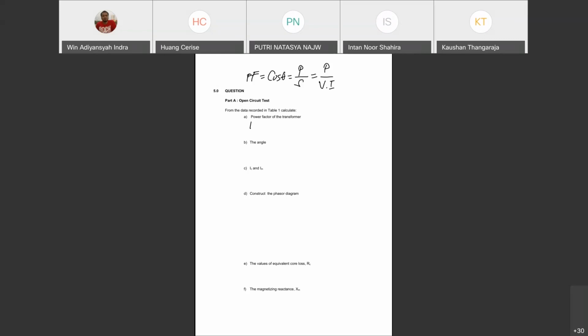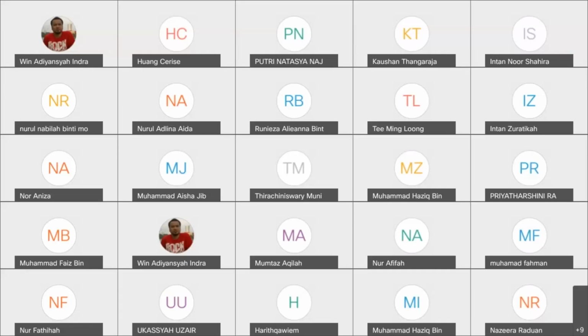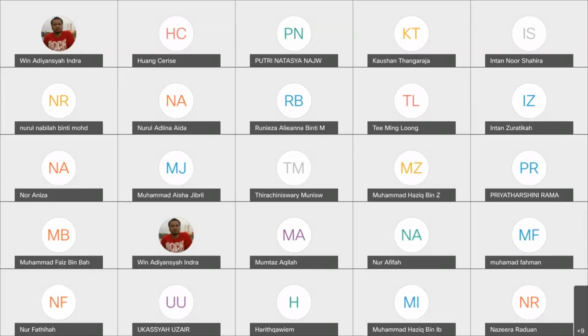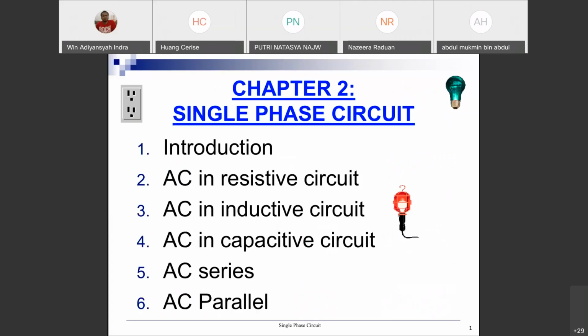Let me see if I still have the slide here, chapter 2. I have it here. Let's see the power factor.